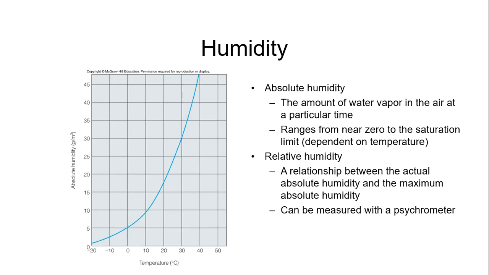So humidity is the measure of how much water is in the air. Now there are multiple ways to measure this, but the two primary ones that you need to be worried about are absolute humidity and relative humidity. Absolute humidity is an actual measurement of the mass of the water in the air.